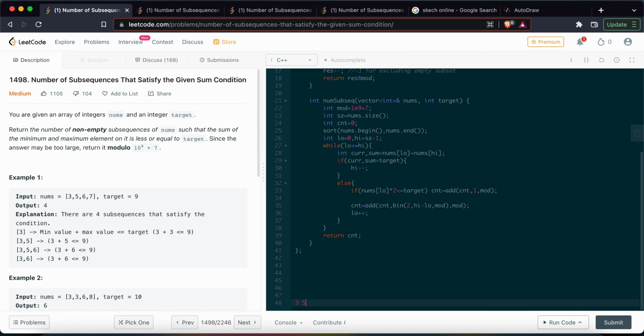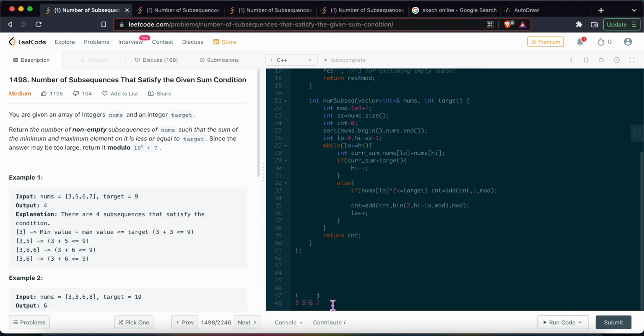If we have 3 5 6 7, and suppose we have i equal to 3, and our upper bound comes here at j, so we will take only 3 elements, only this 5 and 6, right?